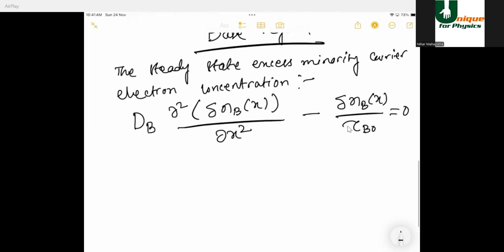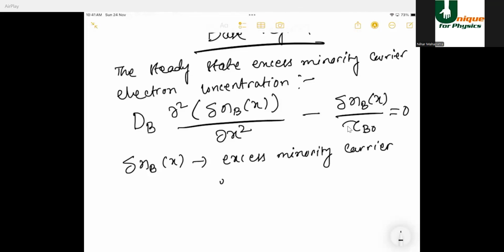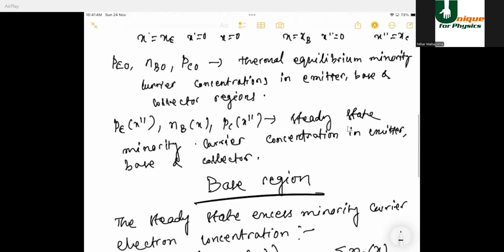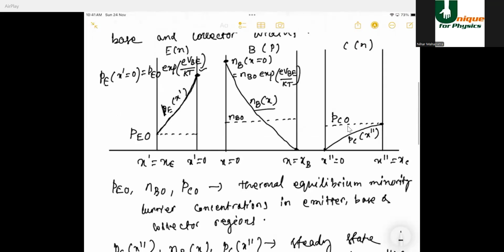Okay, so what are the functions I used? Delta NB, this is our excess minority carrier electron concentration. Why we said excess minority carrier electron concentration? Because the junction is biased. You can see the base emitter junction is forward biased.